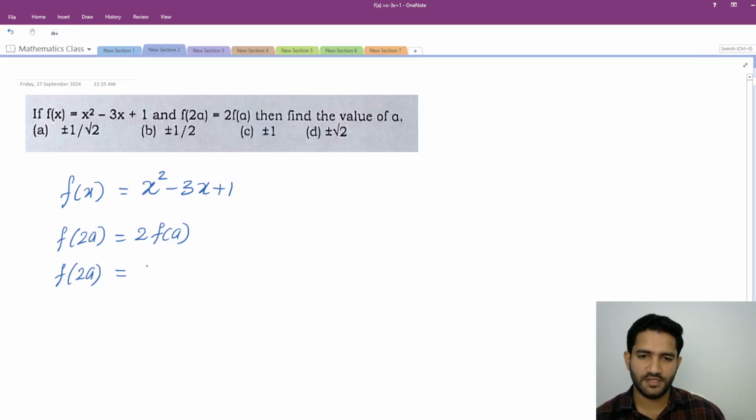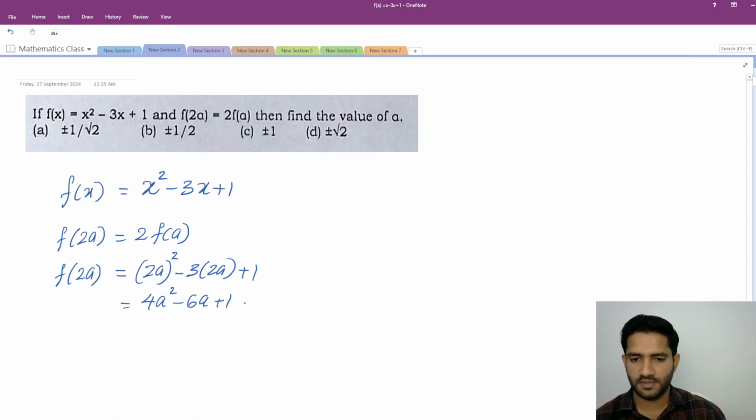Just substitute. So we get 2a whole square minus 3 into 2a plus 1. So we know that this is 2a whole square, so we can write 4a square minus 6a plus 1.